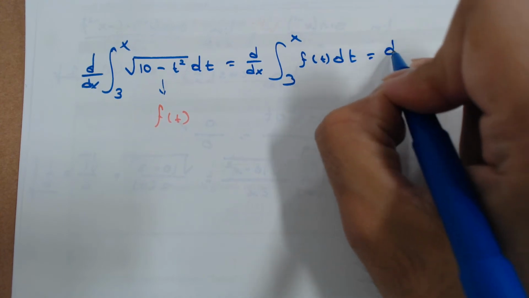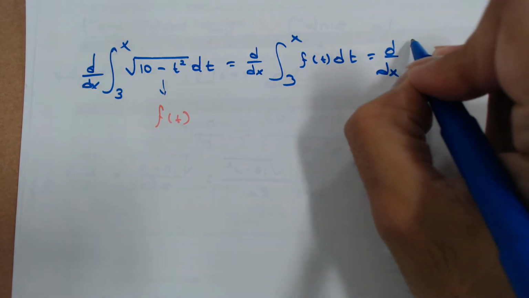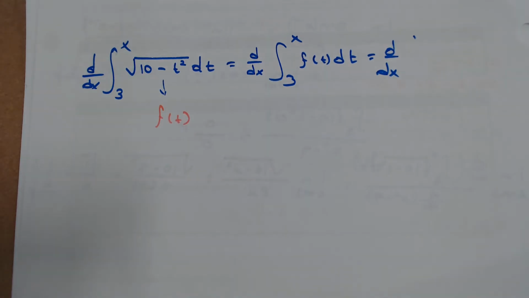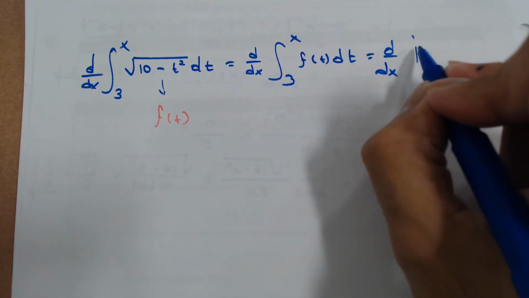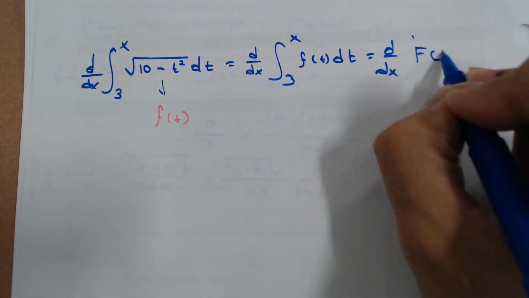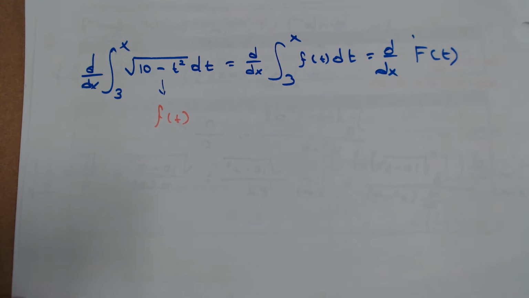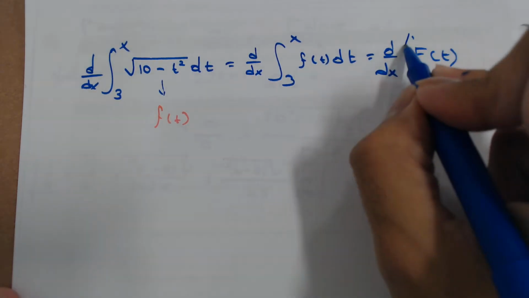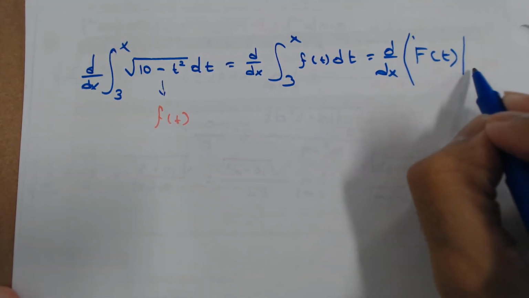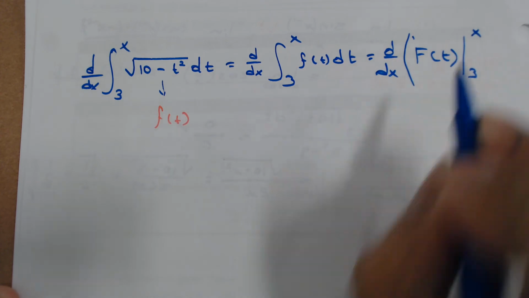So that's the derivative with respect to x. No longer an integral. We already integrated some f of t, whatever that is. We don't care, because we will differentiate it anyway and get back to the original function. However, this function gets evaluated from 3 to x.